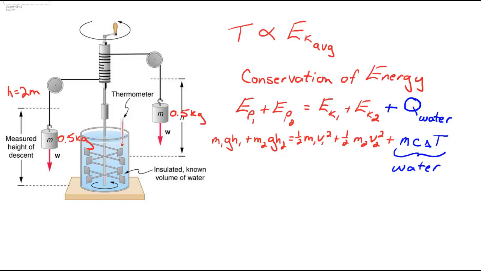Let's also assume that at the end their final velocities reach a speed of 5 meters per second for both of them. Furthermore, let's say that we have half a kilogram of water. And the question is, what is the change in temperature of the water? How much does its temperature go up?